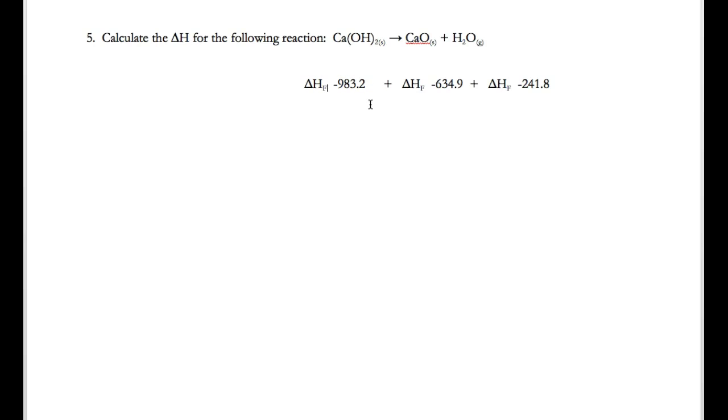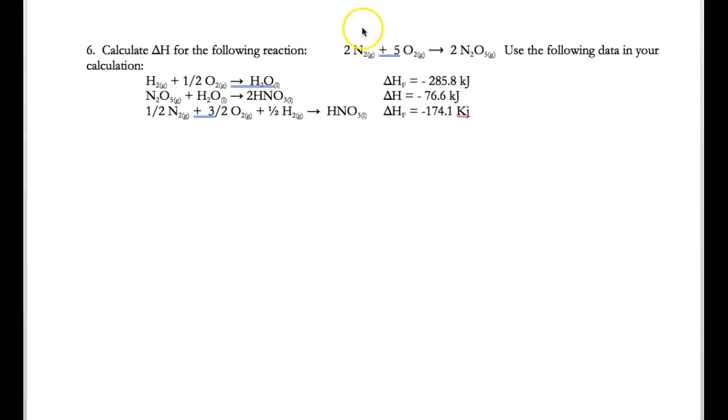So we're going to reverse that reaction. It's not a delta H formation, and we're going to make it be a positive 983.2. And then all we're going to do is add these numbers together to get an answer of 106.5 kilojoules.